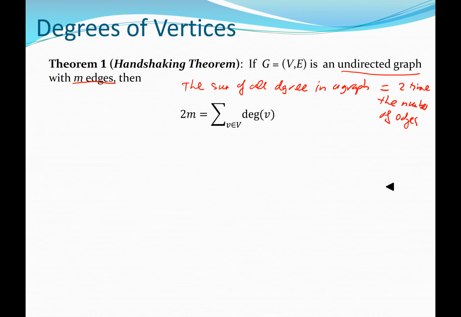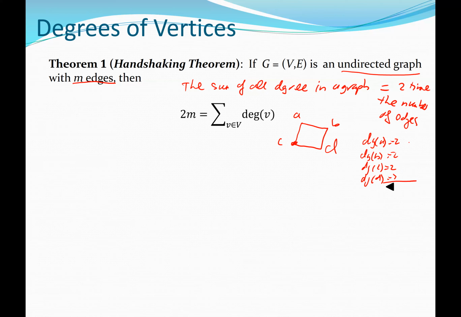So here's the example. Suppose we have this, you have A, B, C, D. You can see here the degree of A is 2, degree of B is 2, degree of C is 2, and degree of D is also 2.